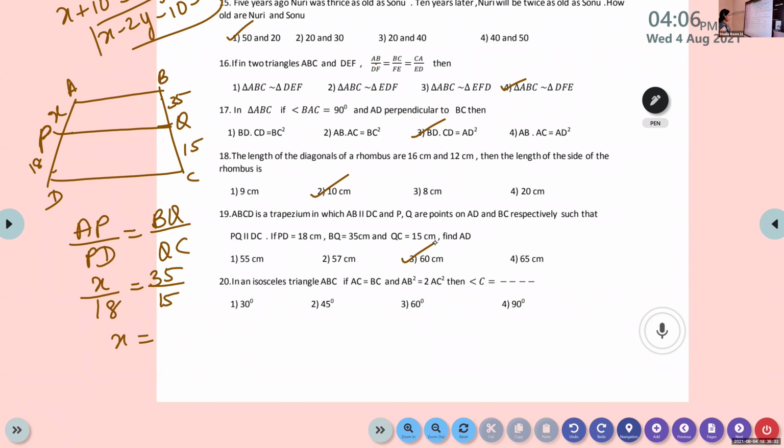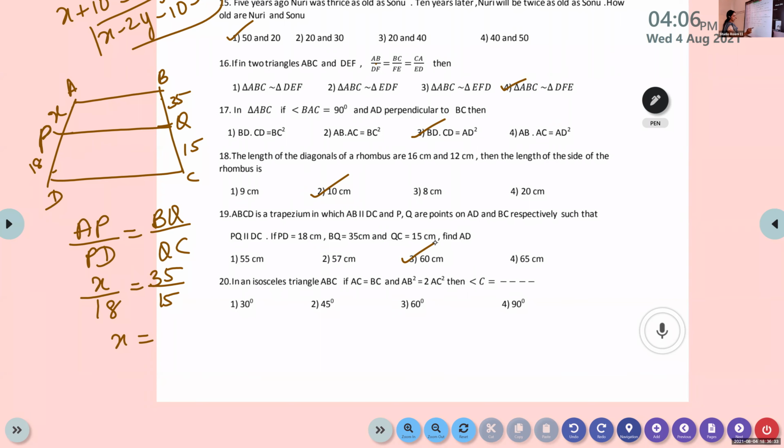Again, the next one, in an isosceles triangle, it is given as isosceles in which AC is equal to BC. So it is C, A, B. These two sides are equal. And it is given AB square is 2AC square, isn't it? This is a question we did in Pythagoras. 2AC square means it is AC square plus AC square.